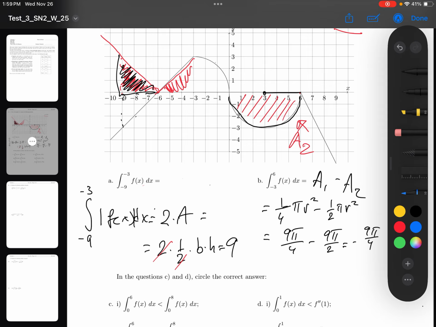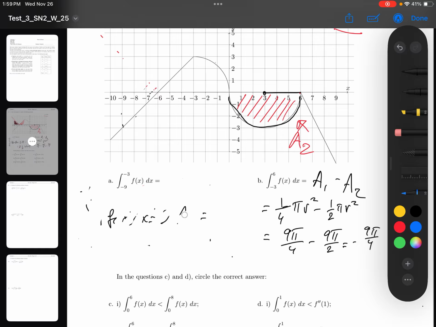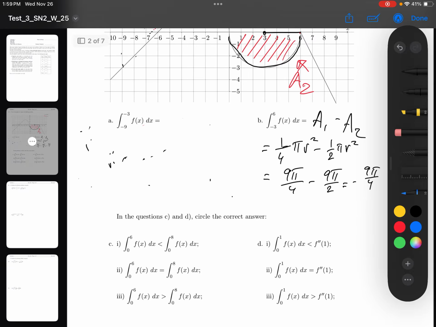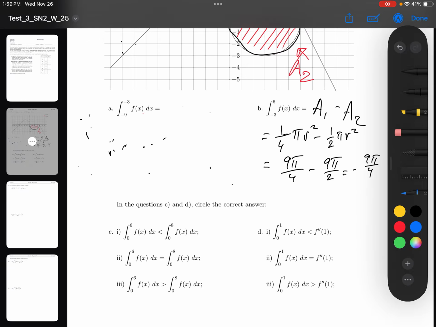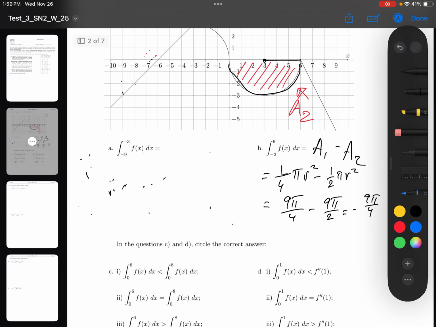Okay, moving on to the next question. It says that here you have to just circle the correct answer, and what is being asked. So here I have to just compare integrals.